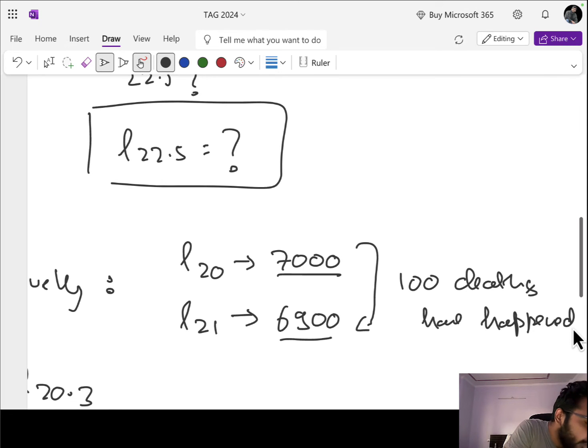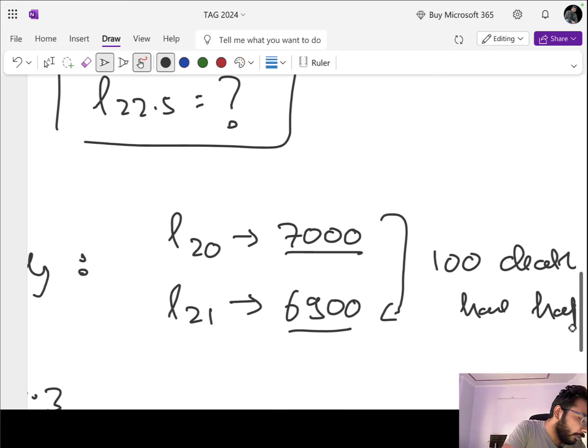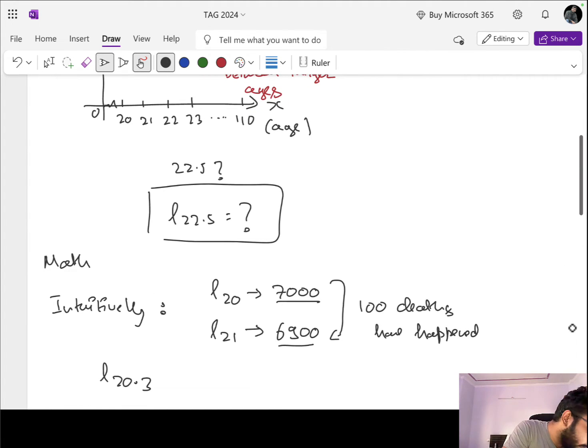I would assume these deaths to be linearly distributed throughout the year. So if I am to find out the number of people who have died by the age of 20.3, if 100 deaths happened in 1 year between 20 and 21, how many deaths would have happened in 0.3 of the year?